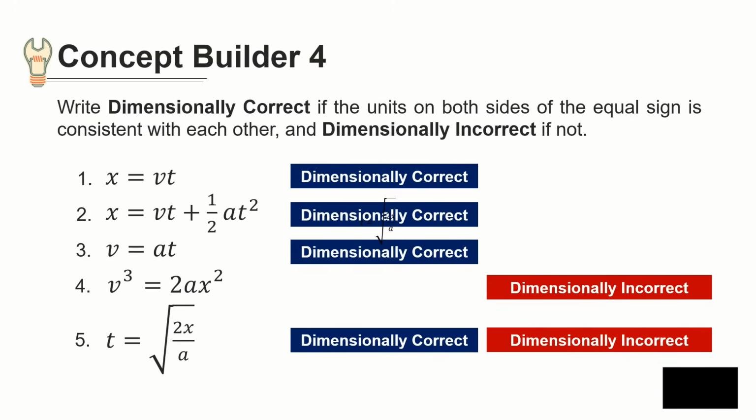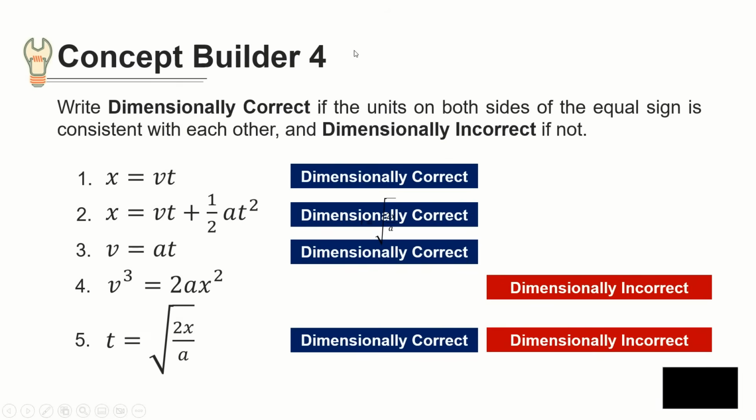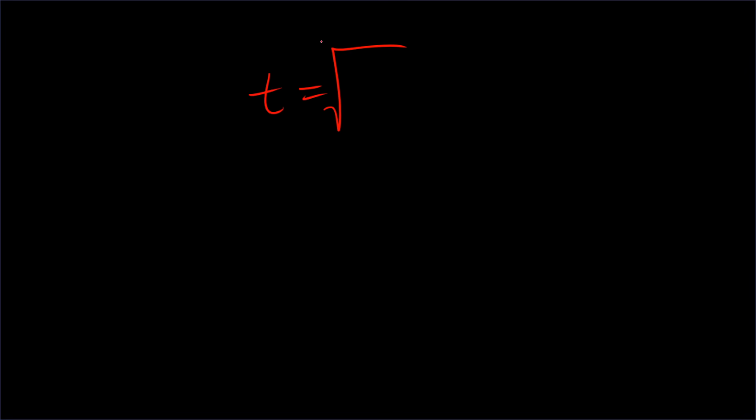Okay, so last item. So, number 4 is dimensionally incorrect. So, number 5. So, t is equal to the square root of 2x over a. So, let us see the solution. So, letter t. So, time is equal to the square root of, ano yung andoon? Square root of 2x over a.